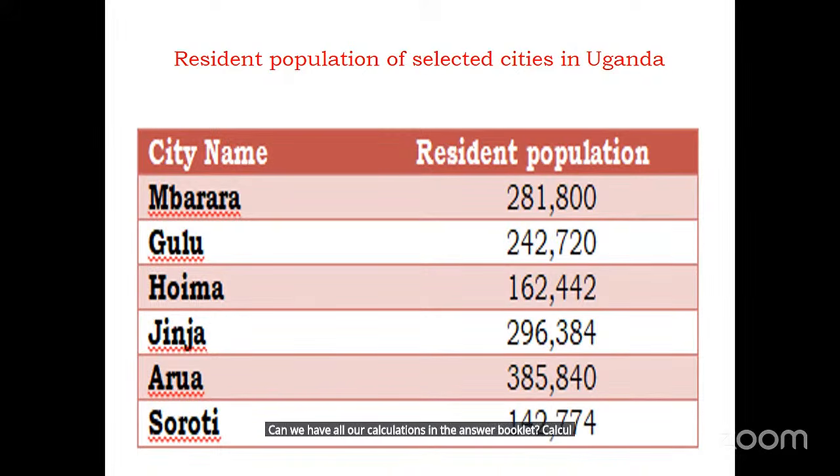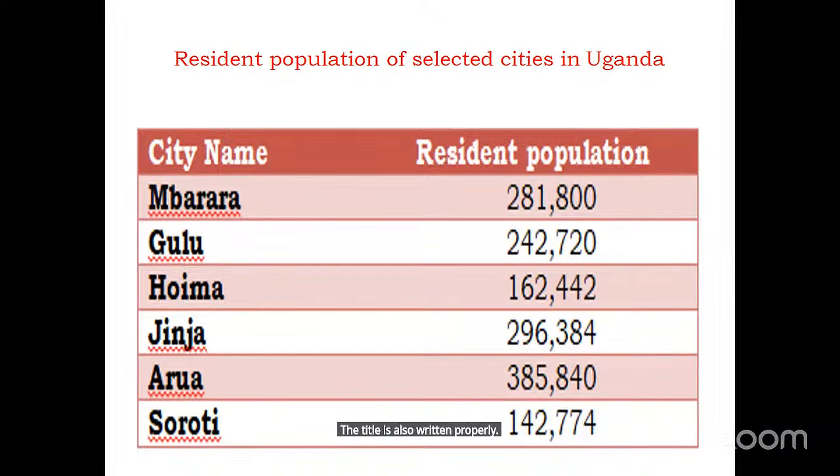Calculate everything in the answer booklet if you are to draw a pie chart. Have the title, all the conversions in the answer booklet, and the title is also written properly.